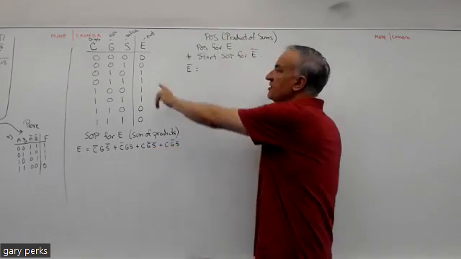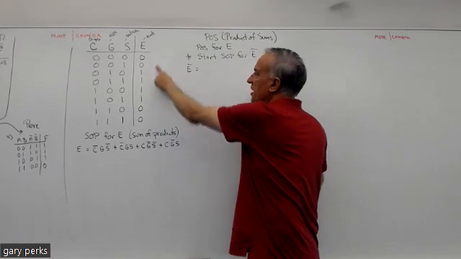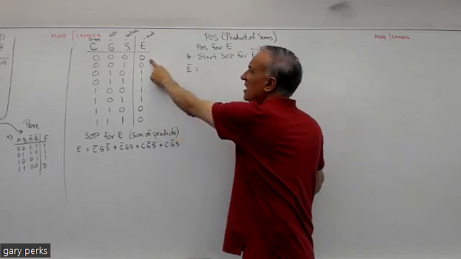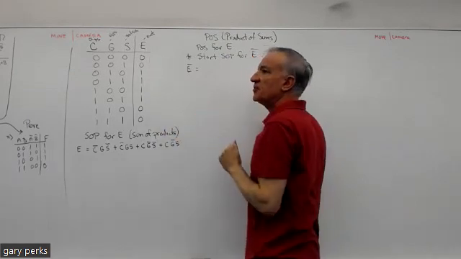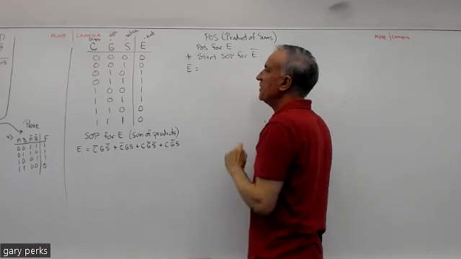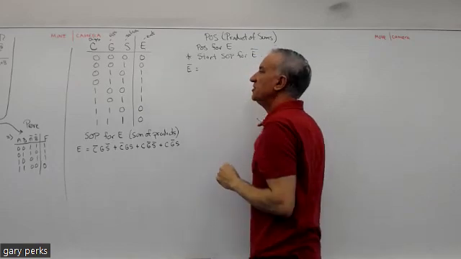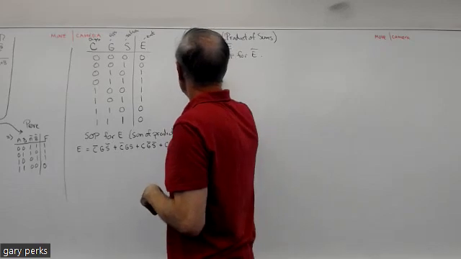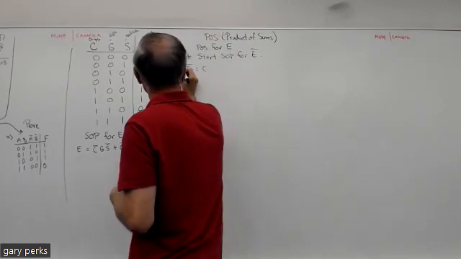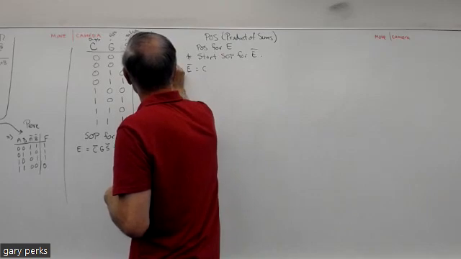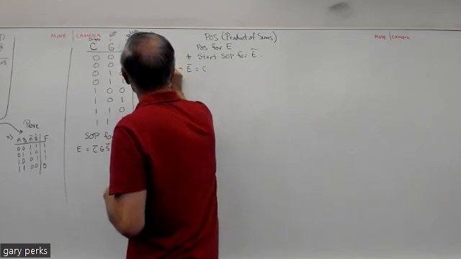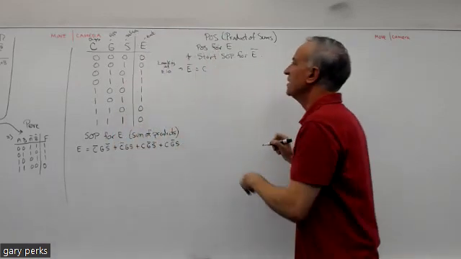So this is where I'm going to look at my truth table, and I'm going to look at where the zeros are. And I'm going to write my terms for where output E is 0. Looking at E equal to 0. Okay.